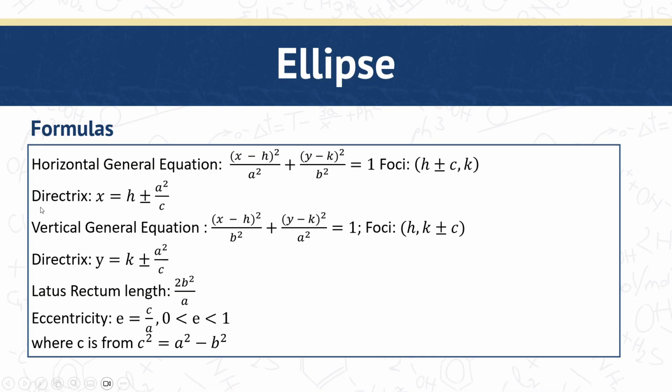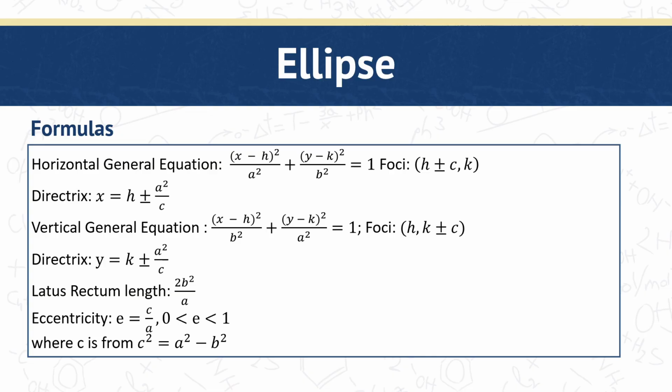The directrix is also x equals h plus minus a squared all over c. And there's the latus rectum length. Latus rectum is the length that passes through the foci and touches the edges of the shape. And then there's eccentricity, which just tells us how much it curves.